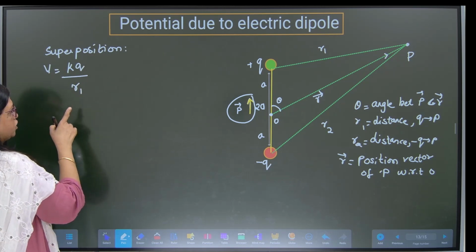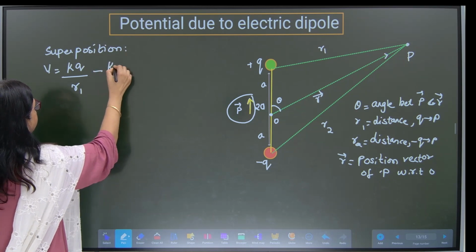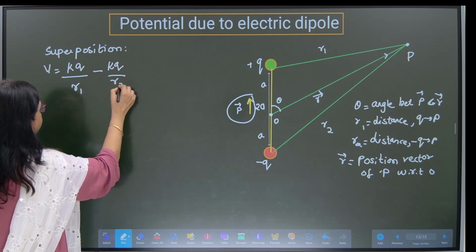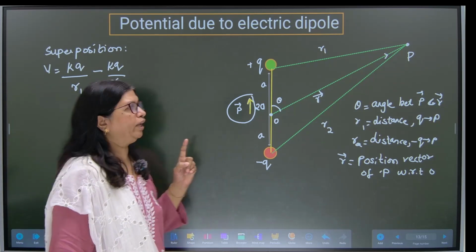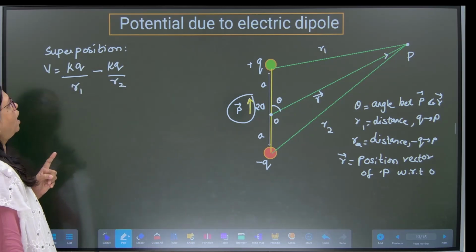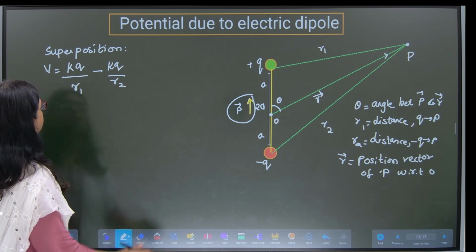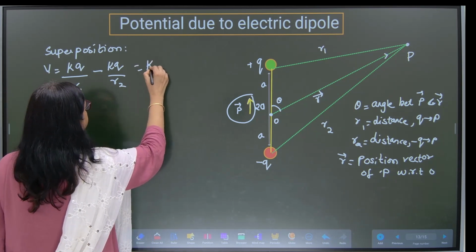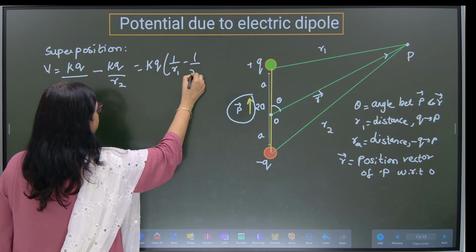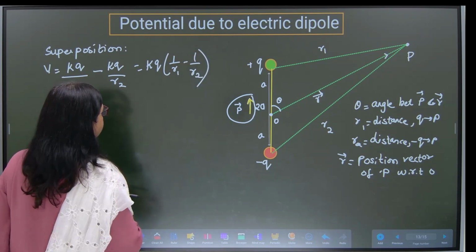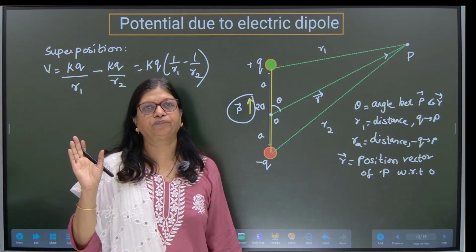This is the potential for plus Q, minus KQ upon R2. Negative I have written because charge is negative here. Okay, so minus KQ upon R2 for the negative Q's potential. So I take KQ common and write 1 upon R1 minus 1 upon R2 in brackets. So this is the potential due to the dipole.